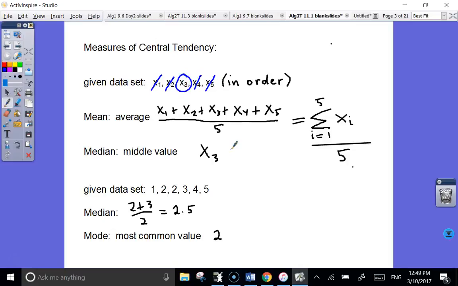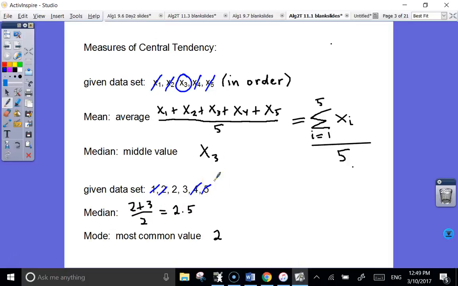Now, on the data set that I'm showing in the bottom, 1, 2, 2, 3, 4, 5, if I throw out the high and the low, and the high and the low, I have 2 numbers in the middle. So then what is the median? It's the average of those 2 numbers, right? 2 plus 3 divided by 2, 2.5.